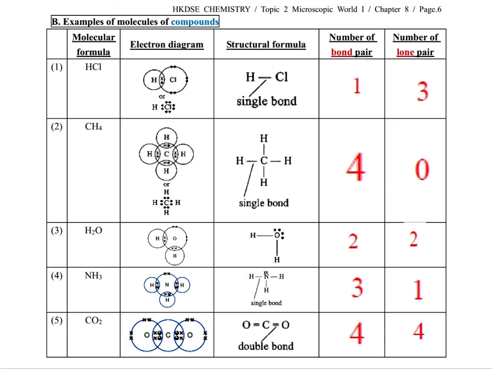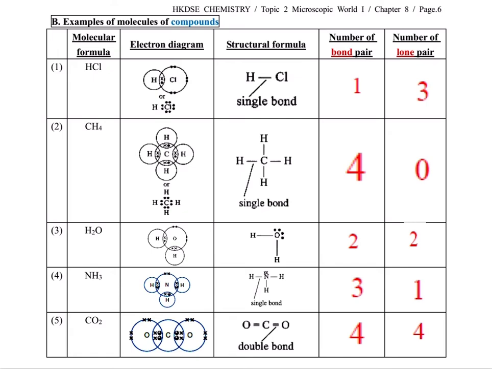And then for the number of bond pairs, let us repeat again. Bond pairs are the pairs that are shared between the 2 atoms. So 1 bond pair. And then lone pairs altogether, 1, 2, 3. Lone pairs are the electrons that are not shared between the atoms, but stay with the original atom. So lone pairs are not forming bonds.